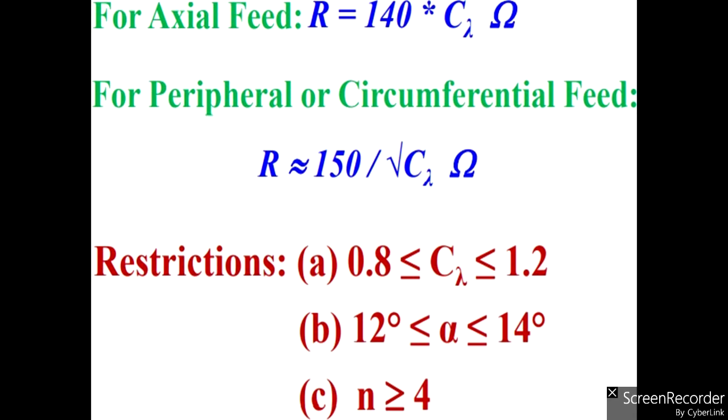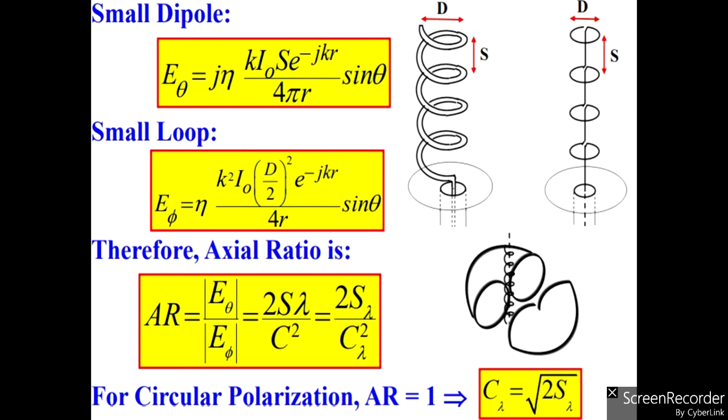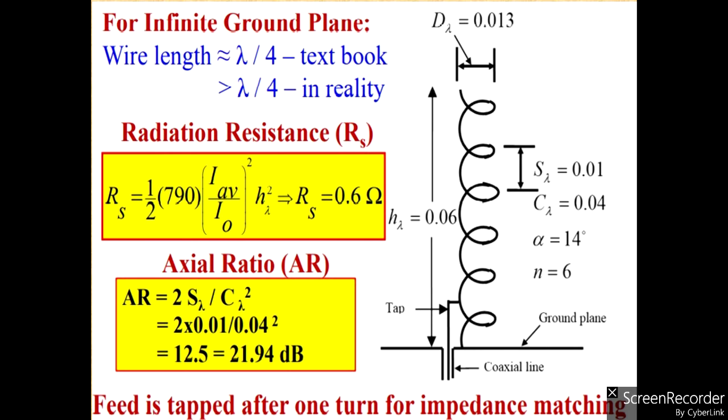And then for the axial mode, the R value, the circumference, should be like 150 by square root of C lambda, and C lambda is the circumference in terms of lambda. It should be between 0.8 and 1.2. The value of your alpha should be from 12 to 14 degrees, and N should be greater than 4. All this has been taken from NPTEL videos.